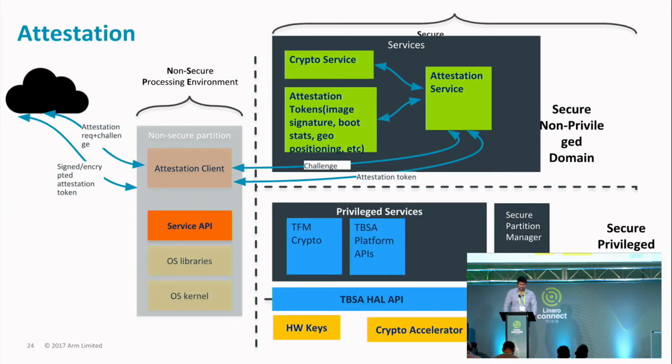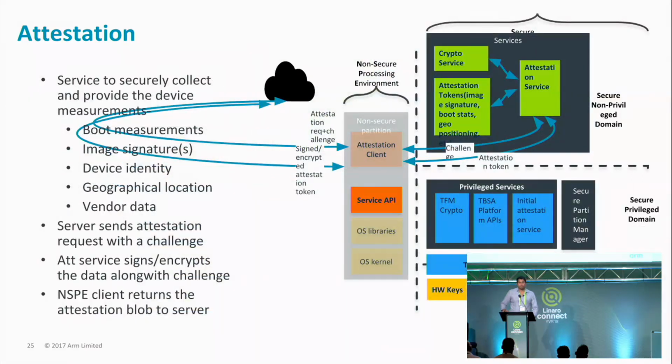Attestation, I promised to talk about attestation a bit in the earlier slide, so I'll try to cover this as quickly as possible. Attestation is a way of passing device-specific information back to the server and providing some critical information about the device to the remote entity. What this information could include is the boot signature of the device, how much time it took to boot, what was the image signature that is being run on the device, what is the device's identity, what is its geographical location, and any other vendor-defined attestation data.